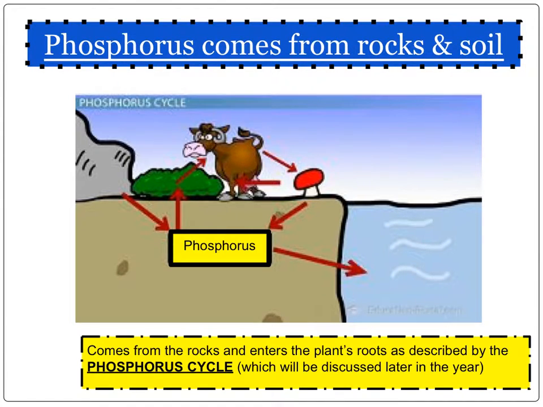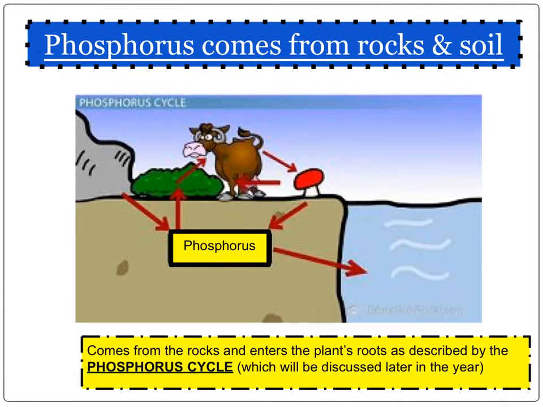The phosphorus is slightly different but it's the same kind of idea. It is involved with more or less a cycle, which is a little harder to understand, so we're not going to, once again, get into it right now. We'll get into it later. But essentially, rocks will break down, releasing phosphorus. From there, those particles can actually be taken up through the plant's roots, and that's how you actually get phosphorus into the plant.